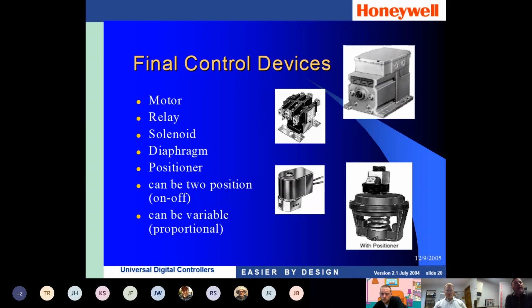Just one other thing I wanted to add on each one of those sensors that we talked about. That's really the critical part of your control system, is providing an accurate signal back to the controller so the controller can do its control. If you don't have an accurate input, the controller is only going to control to what that input is providing to it.